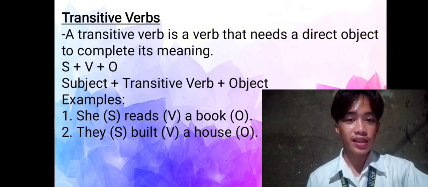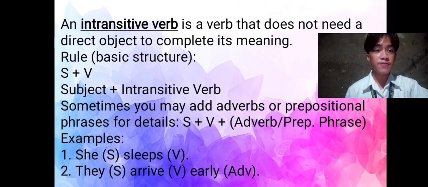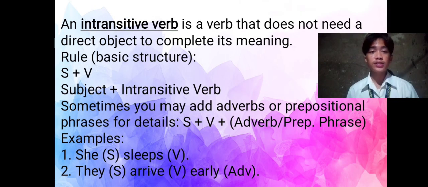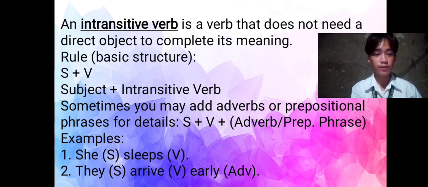So let's proceed to intransitive verbs. An intransitive verb is a verb that does not need a direct object to complete its meaning. So first, we have the basic structure or rule of the intransitive verb. First we put the subject plus intransitive verb.